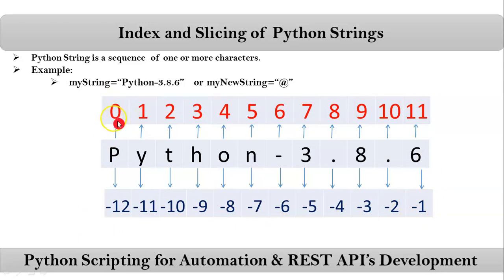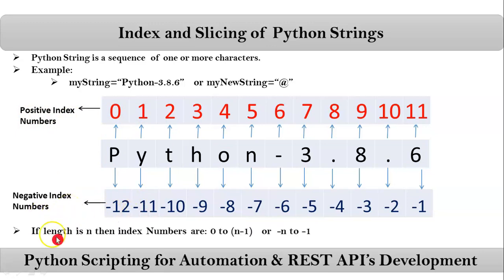Positive indexes start from 0 towards length minus 1, and negative index values start from minus 1 and go up to minus length. Here we have 12 characters, so minus 1 to minus 12. So finally, these are positive index numbers and these are negative index numbers.